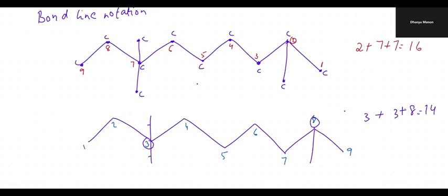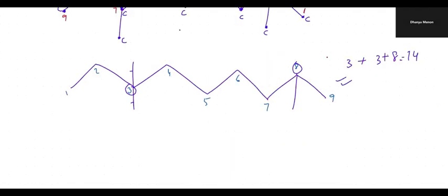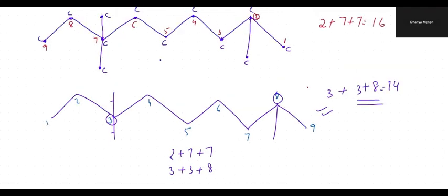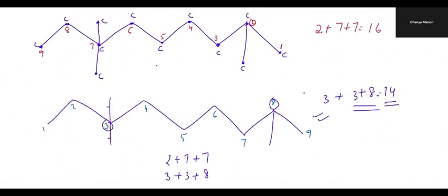Definitely you prefer this one. 2 long chains. One is position 2 plus 7 plus 7. Next is position 3 plus 3 plus 8. Right, these are the 2 positions. And you chose to use these positions because this is giving you a lower sum than the previous one, right?